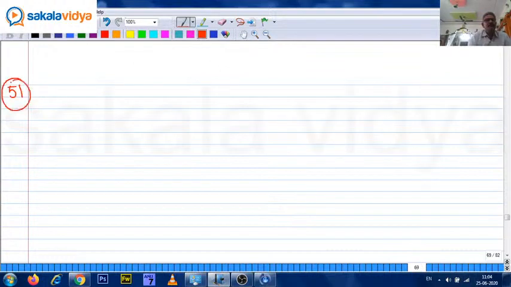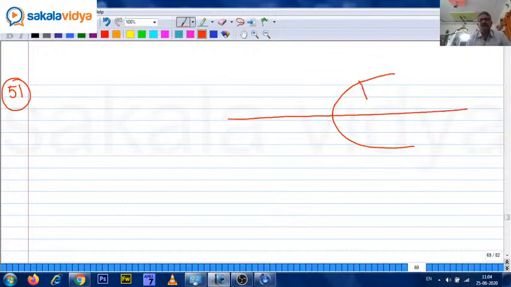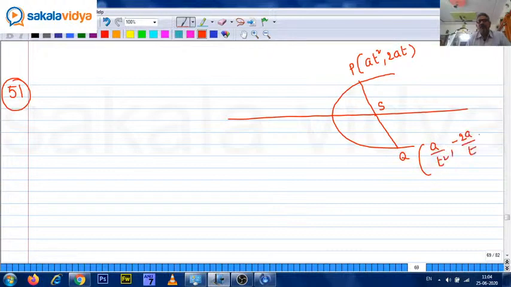51. So this is the figure. Axis. For example, this is the focal chord, say P, which passes through the focus S and Q. Say P is at (at square, 2at). The other extremity Q will be (a upon t square, minus 2a upon t).